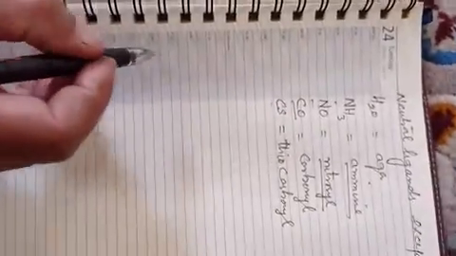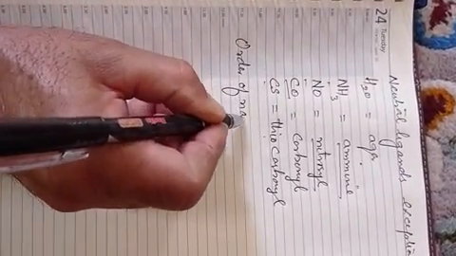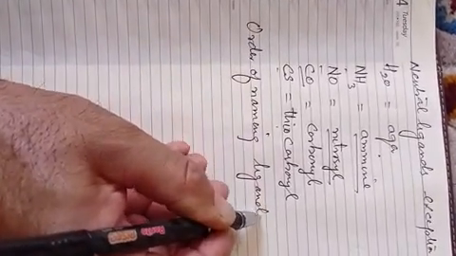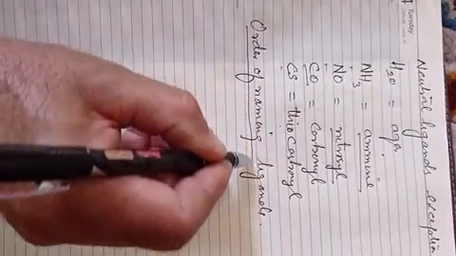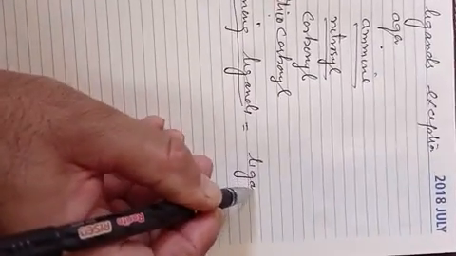Now, the order of naming ligands. Students, in the old system they were named according to the charge, but now the ligands are named in alphabetical order.